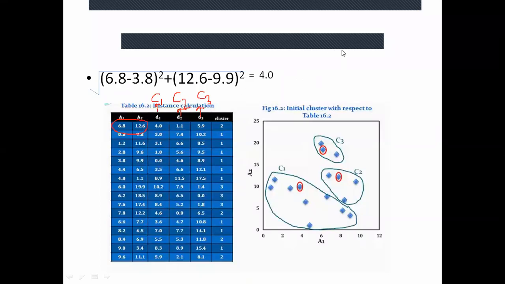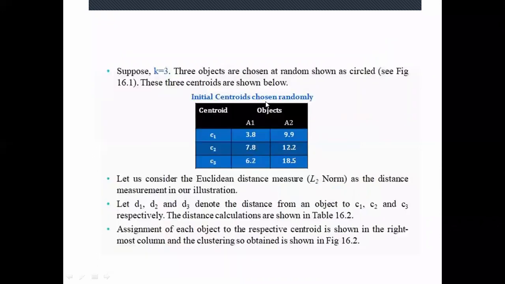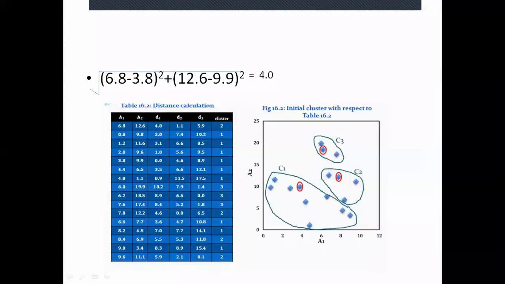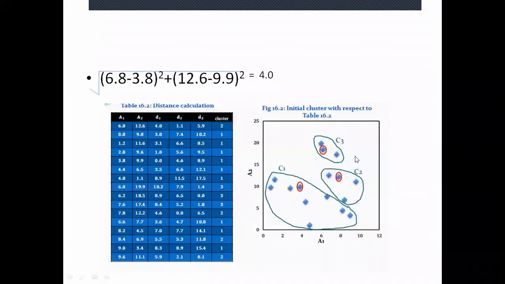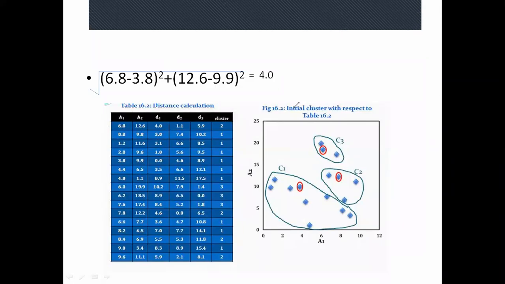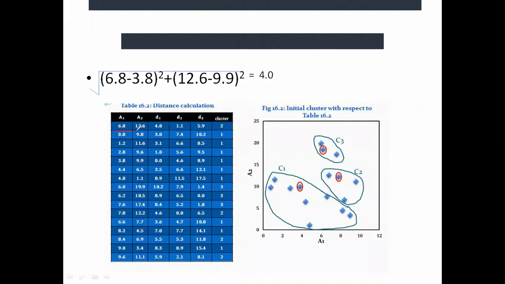Like the one I have done in this, this data point is 3.8 and 9.9. That means, what is the distance of this from cluster 1? In order to find that, the cluster 1 dimensions are 3.8 and 9.9.